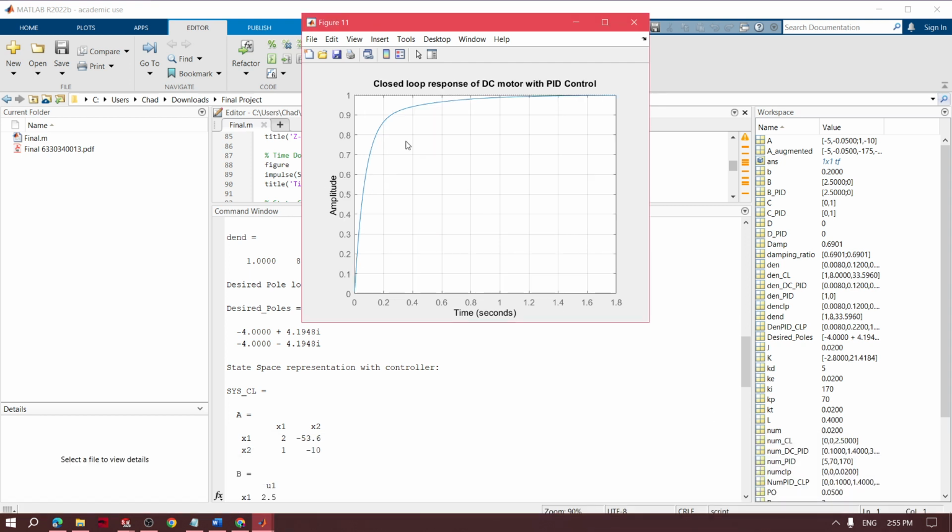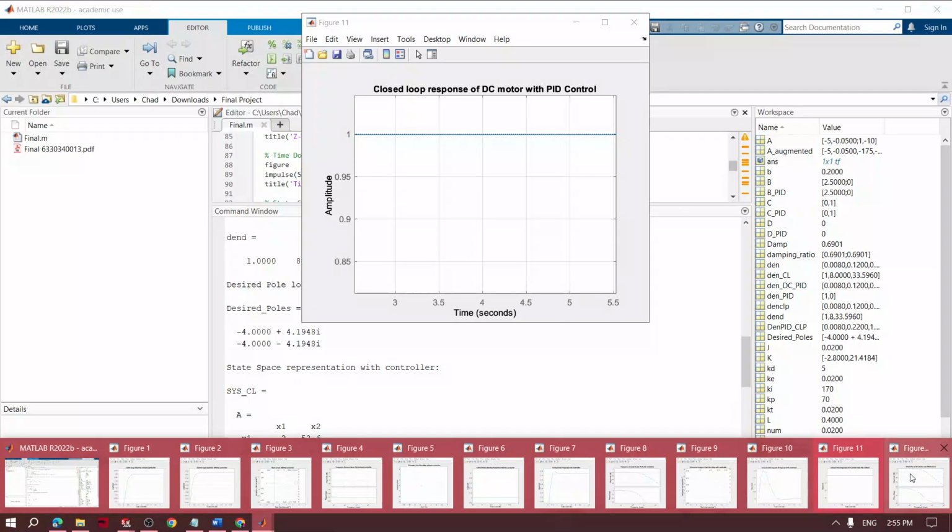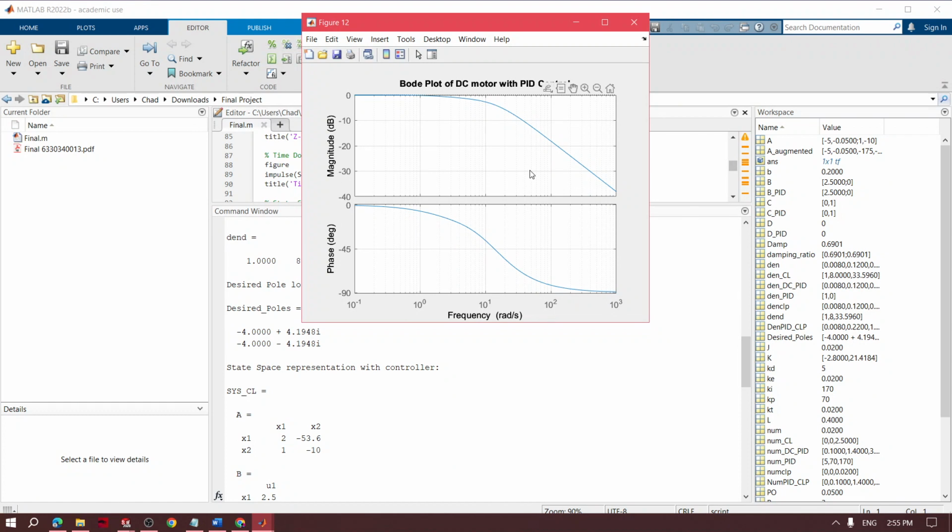Figure 11 is the closed loop response of the DC motor. It goes from 0 to 0.9 and goes again to 1. And figure 12, the plot of the DC motor.